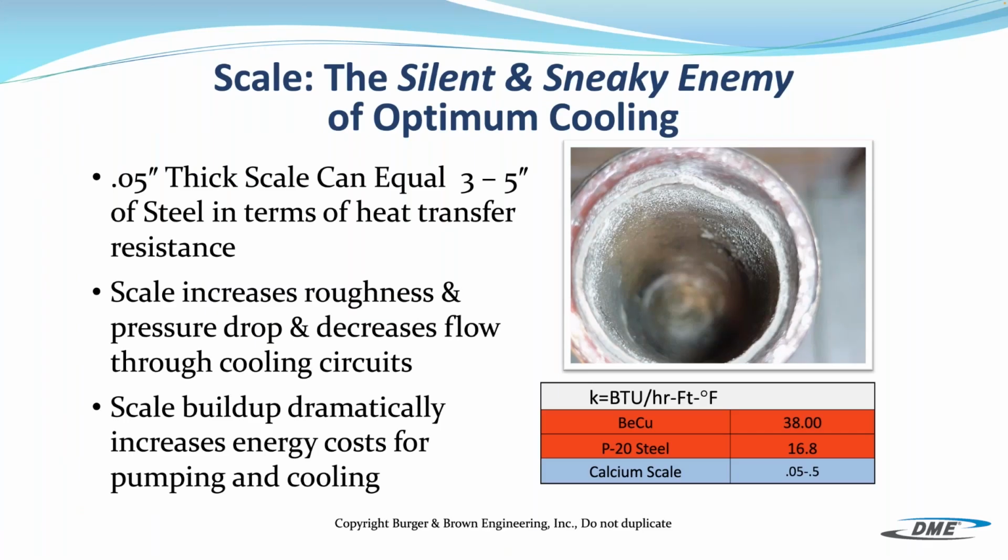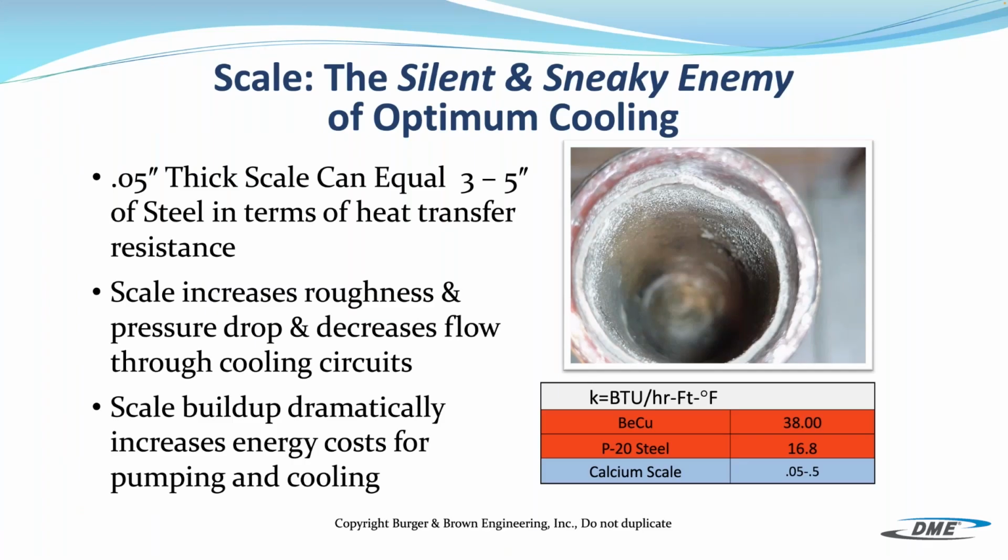So the more scale you have, the more cooling you're going to have to be able to correct or overreact to that scaling that's on there, which is like adding an additional 1 inch of steel between the circuit and the part face.